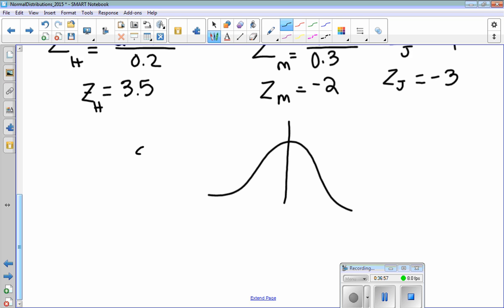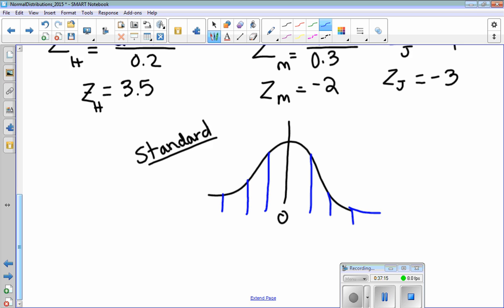Well, if it's standardized, the middle is 0. Okay? Once I've standardized, my mean is now 0. And I'm going to go 1, 2, and 3 standard deviations above, and 1, 2, and 3 standard deviations below. Anything outside of that is unusual, okay?